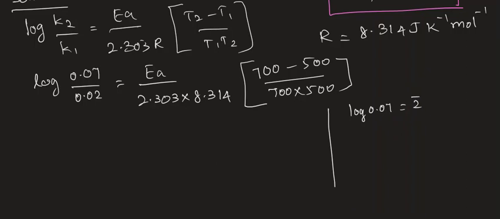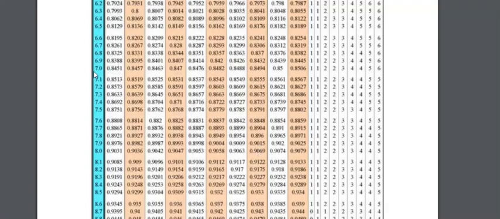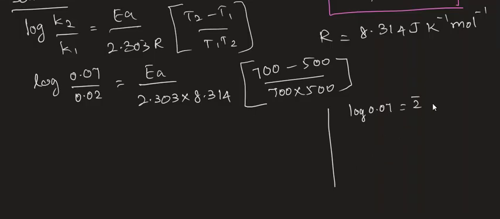So let us go to our website where we can find it: for 7.00, it is 8451. So 0.8451. Similarly, the log of 0.02 is 2 bar, and for 2 it is 3010. You have to refer to the logarithm table.